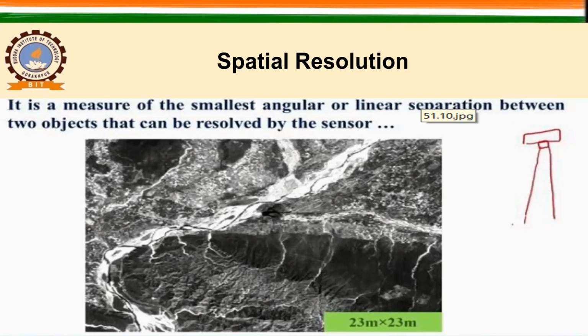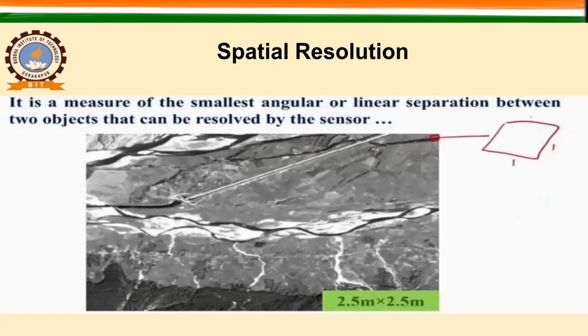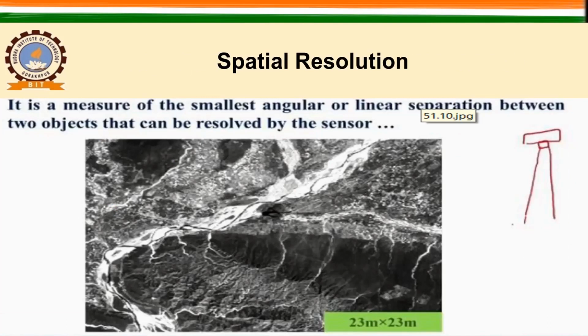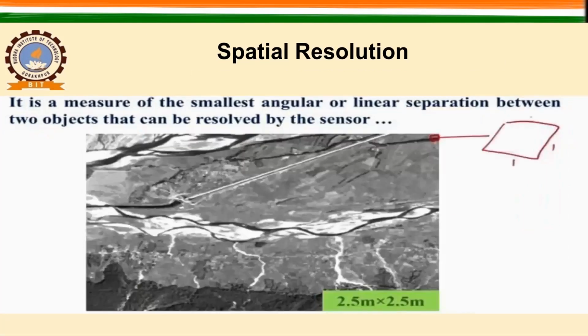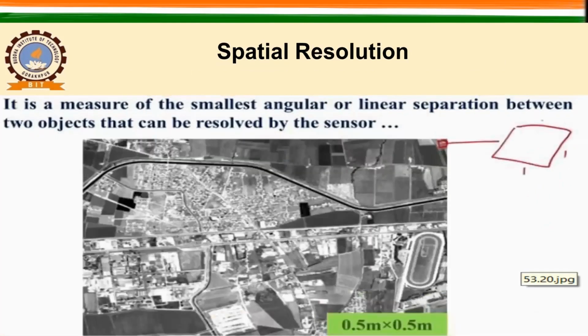This is how we represent spatial resolution. This is all about spatial resolution, a measure of the smallest angular or linear separation between two objects that can be resolved by the sensor. The first one is 23 meters by 23 meters, the next is 2.5 meters by 2.5 meters, and another is 0.5 meter by 0.5 meter.